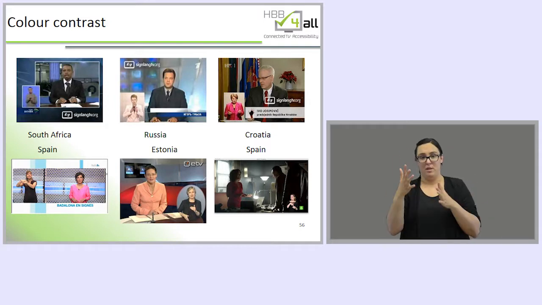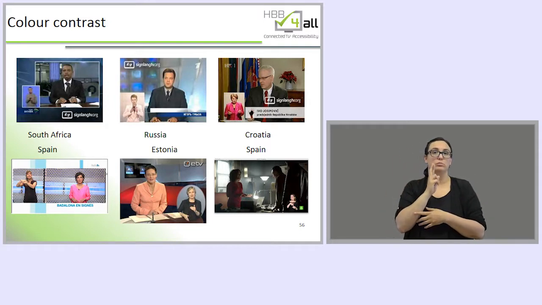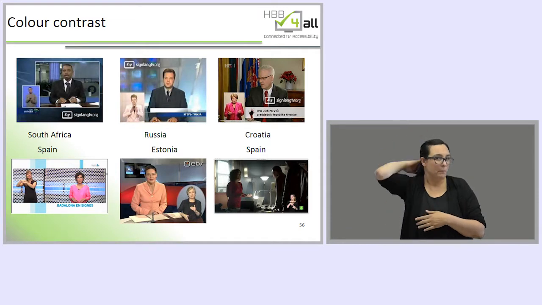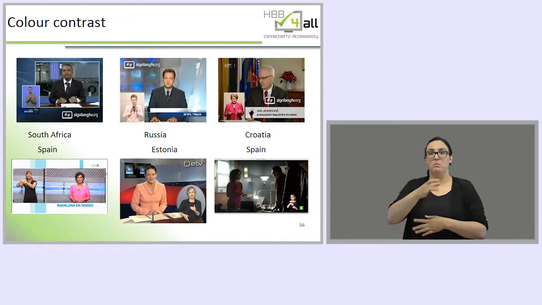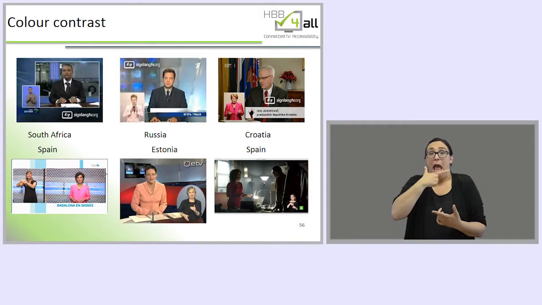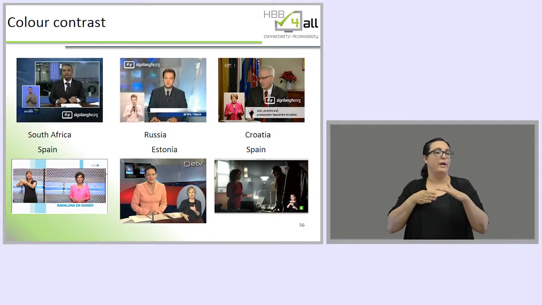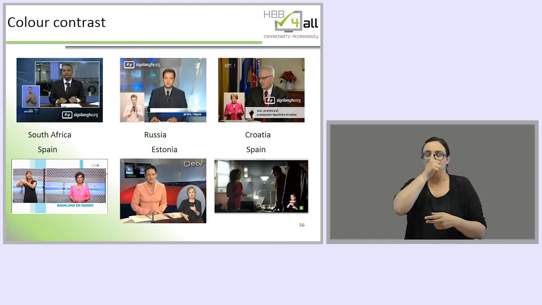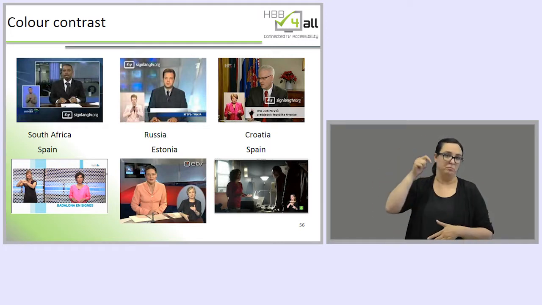Something similar can be seen in the Russian example, but in this case it is the background color and the clothes color with very pallid skin color. So in this case, accessibility can be jeopardized because there is not enough contrast between background, clothes, and skin color.